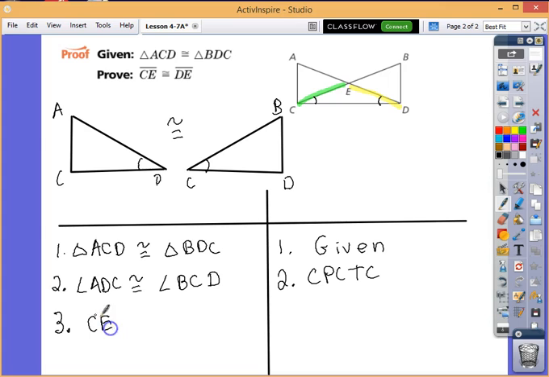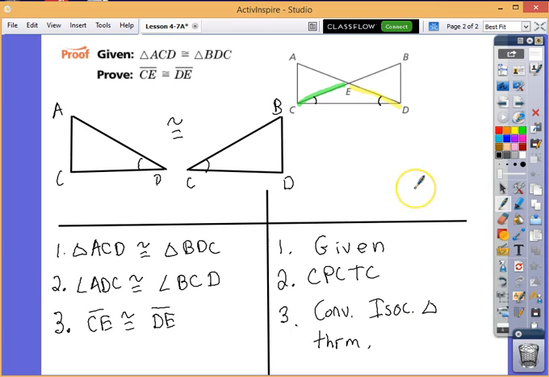So now CE is congruent to DE by the converse of the isosceles triangle theorem. So this turned out to be a really short 3-step proof if I went about it the right way.